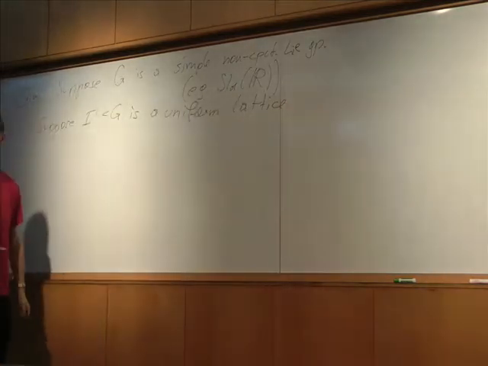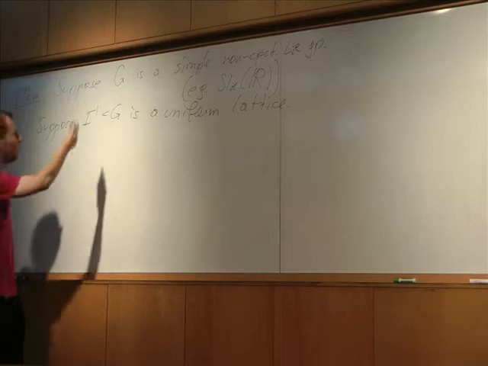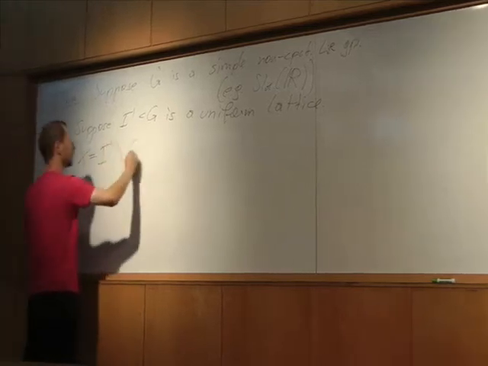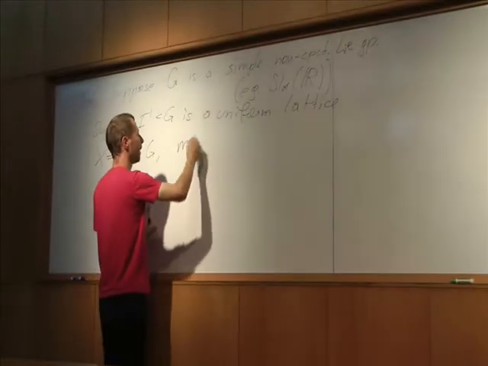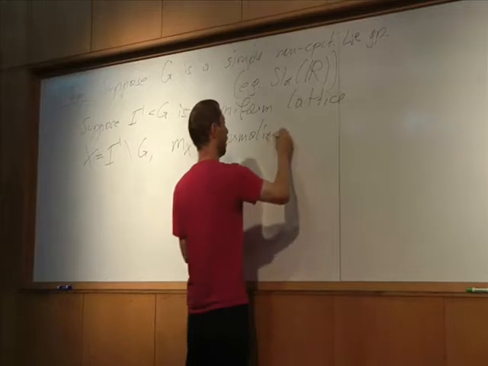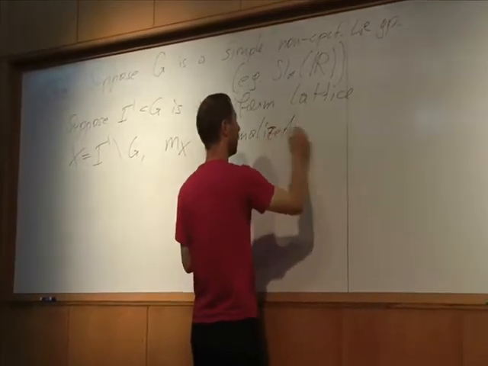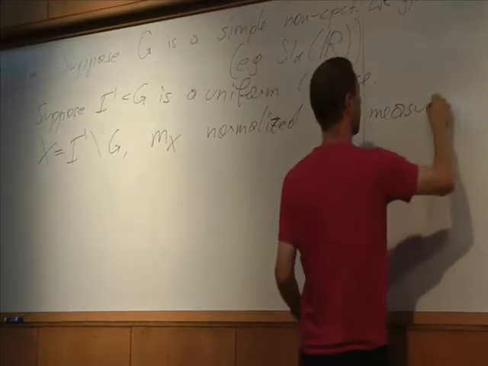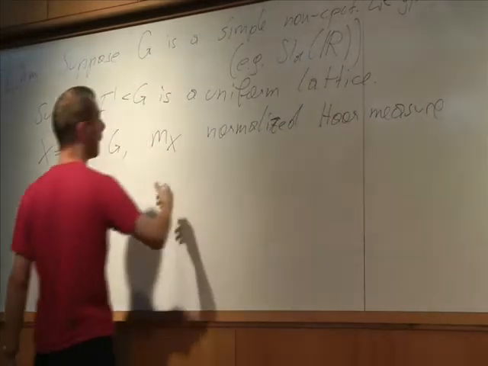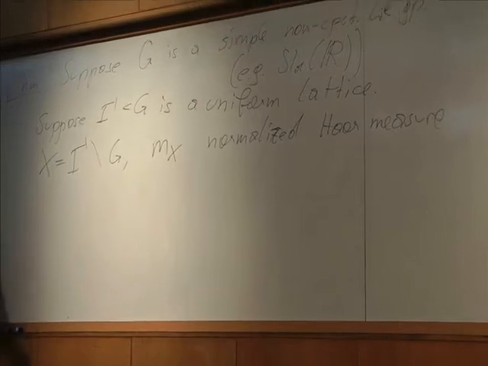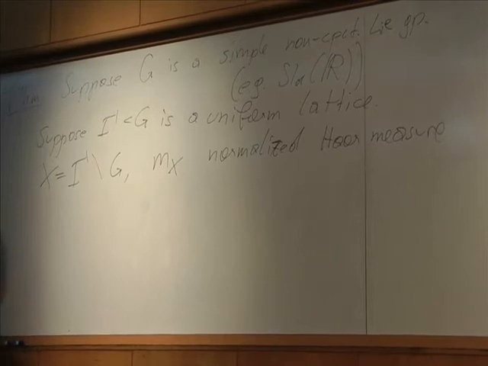Then Haar's theorem kicks in, and you have a finite volume quotient X equals G mod gamma, and you have a normalized Haar measure, which is an invariant ergodic measure such that the action of any element whose powers go to infinity is mixing.